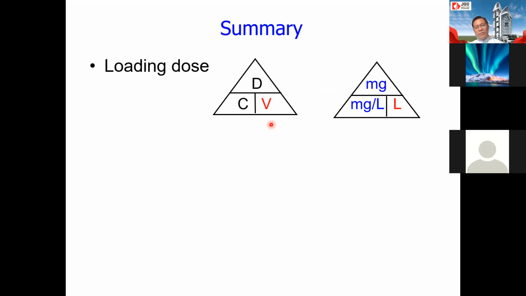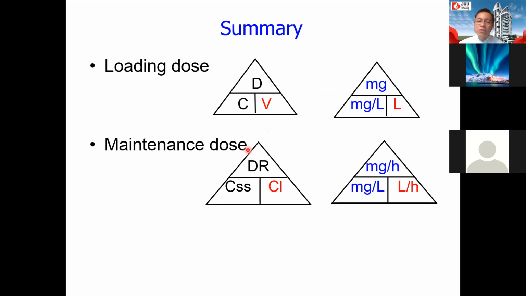Okay, loading dose. This is a bit of a summary, but we still have a few slides to go. So the loading dose is equal to concentration times volume. Then the maintenance dose: DR stands for dosing rate, because it is in milligram per hour, equal to CSS times clearance.